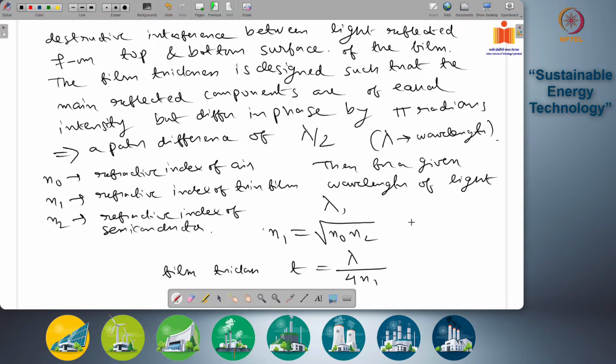So the idea here is, suppose this is your silicon, and this is your film of thickness T. Your light is getting incident here. Part of it is getting reflected back.